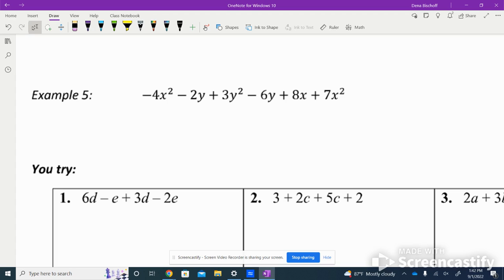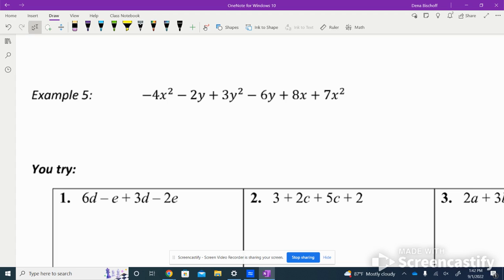Jane, start raising your hand because other people had their hands raised, just so we're giving everybody a chance. Please and thank you. So what is -4 plus 7? What does that equal? Yeah, good job, both of you. 3x squared.